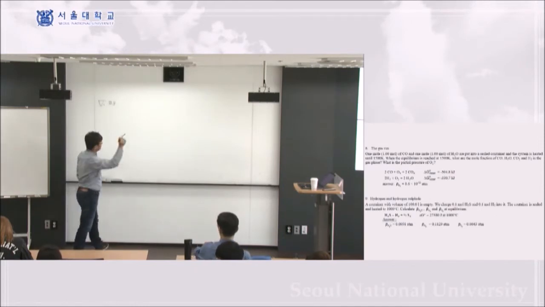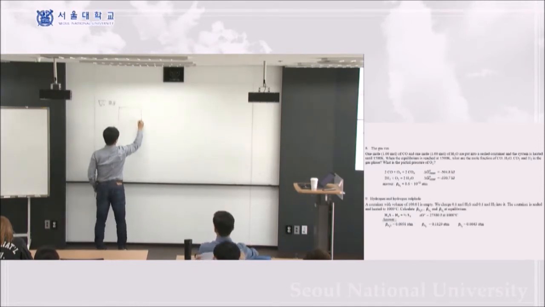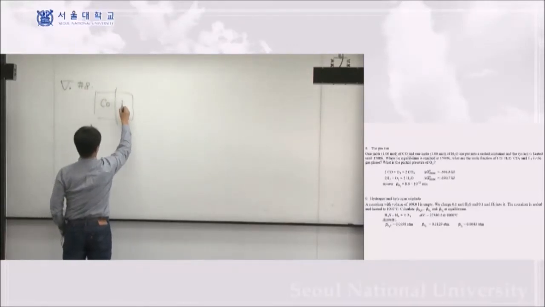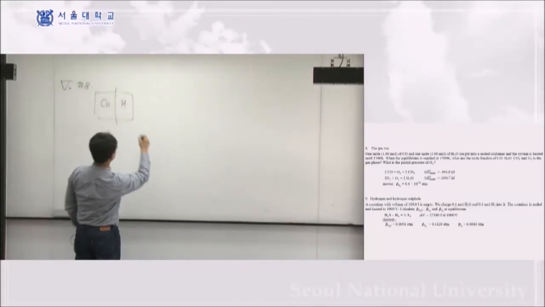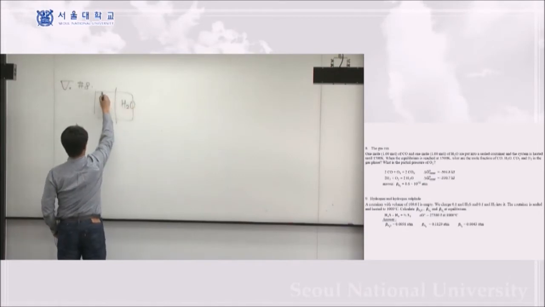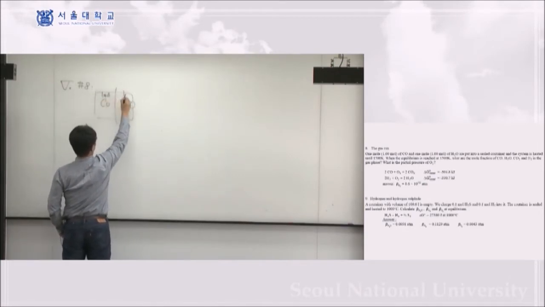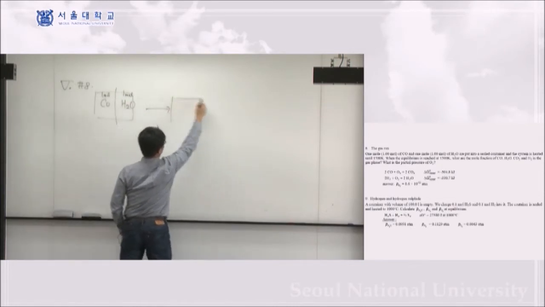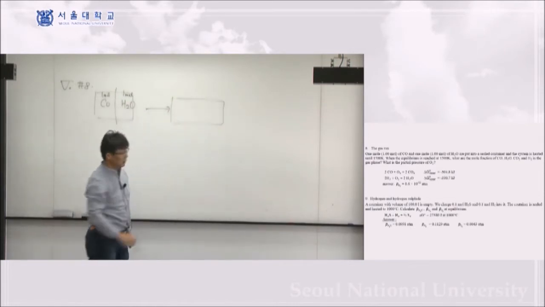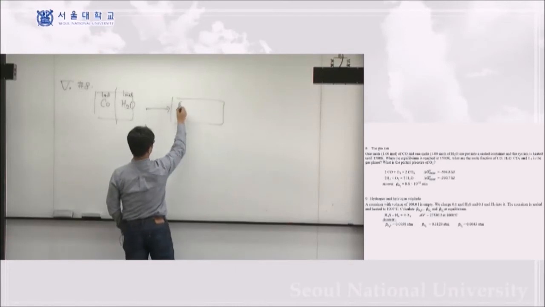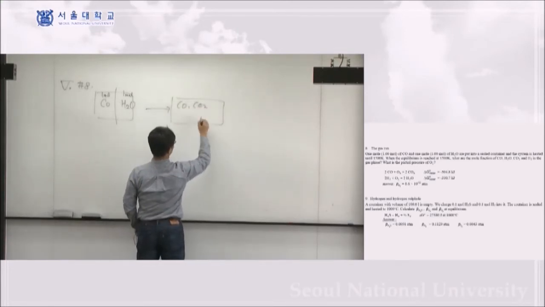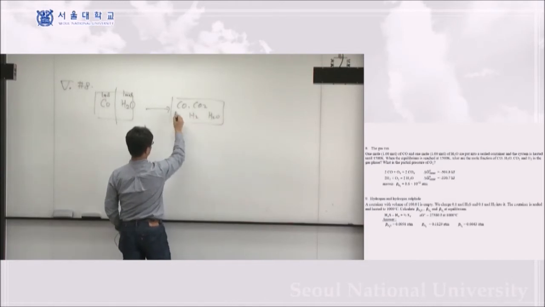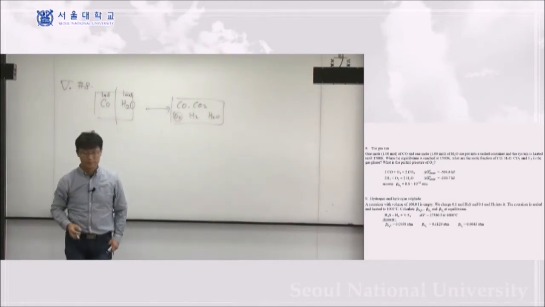So the question was, I have CO and H2O. This was 1 mole and this is 1 mole. And then if I just allow them to do the chemical reaction, then this will produce CO, CO2, H2O, H2, and then also there will be a very small amount of oxygen.